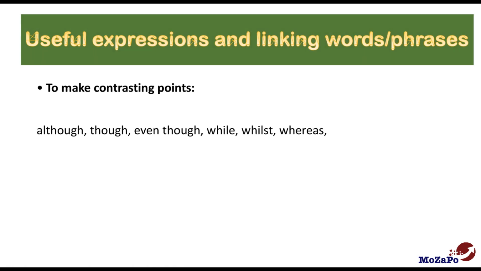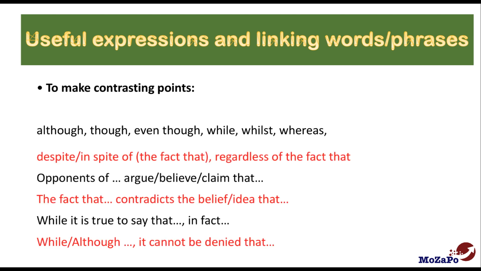To make contrasting points, again, you can use although, though, even though, while, whilst, whereas. And here also we have the list of them: despite, in spite of, opponents of something argue, believe that, the fact that. As you see, here we have a lot of alternatives to use while you're writing a for and against essay.